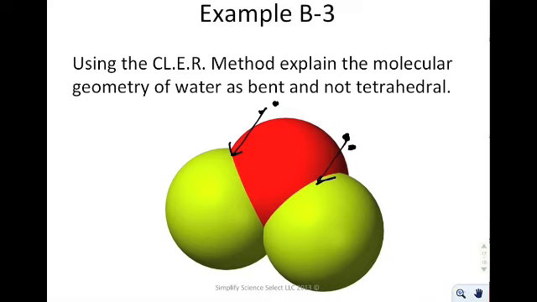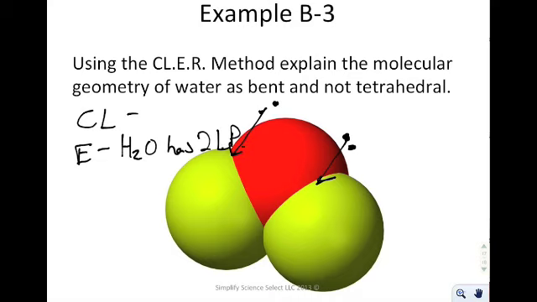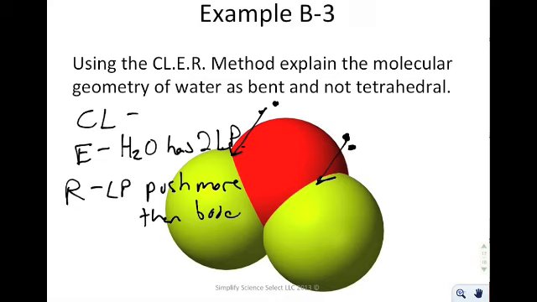So our conclusion would be that they're not equivalent. Our evidence would be that H2O has 2 lone pairs. And our reasoning would be that lone pairs push more than bonded electrons.